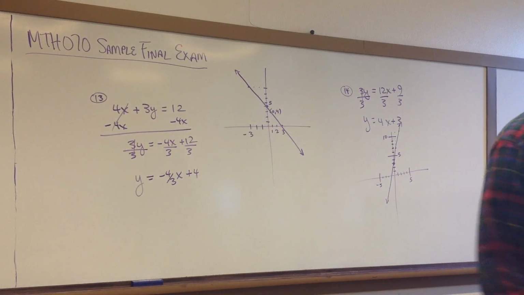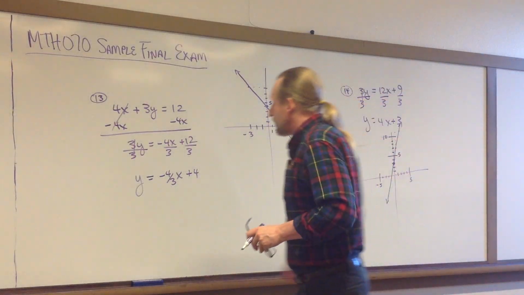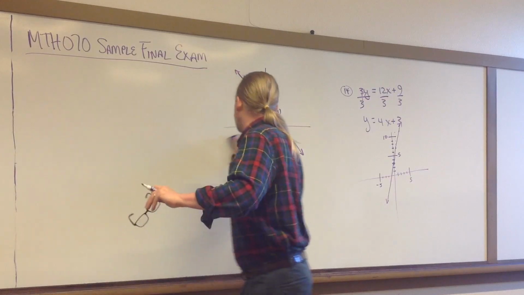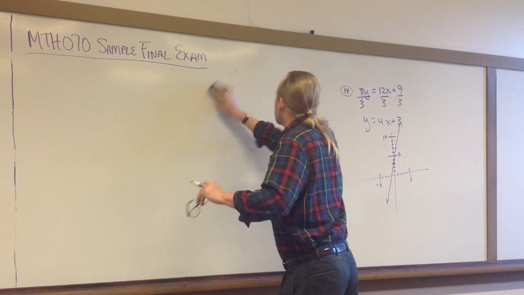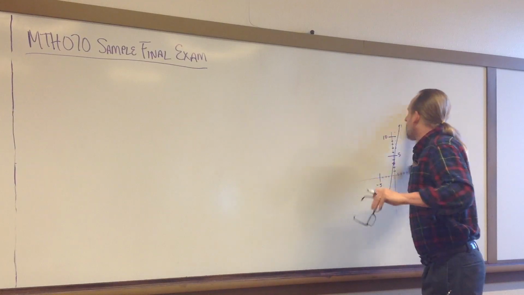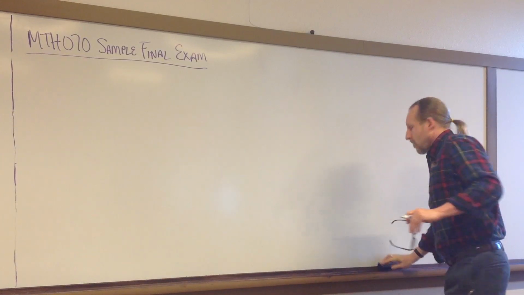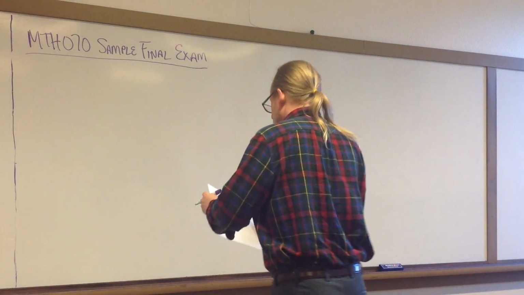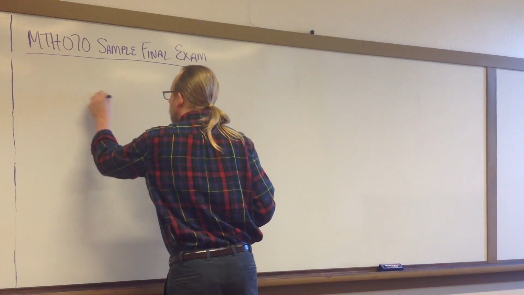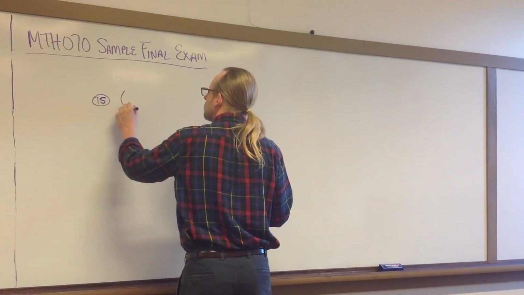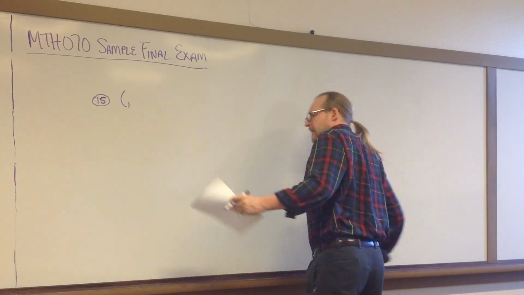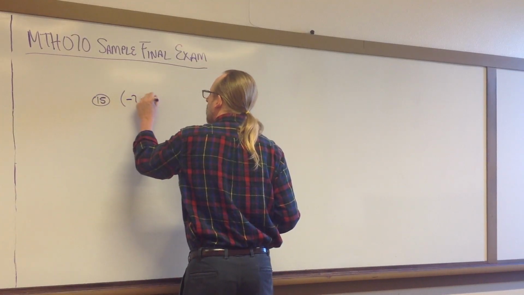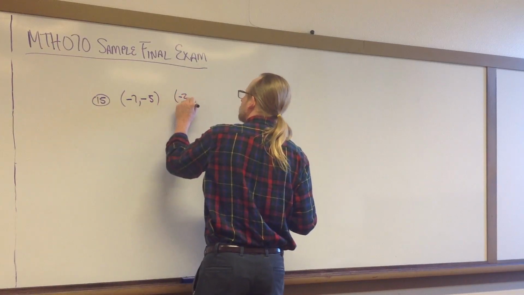Now on the next page we get into this whole issue of writing the equation of a line and the issue of lines that are parallel or perpendicular. So, problem 15, we want the equation of a line in slope-intercept form, passing through the points -7, -5, and -2, 4.